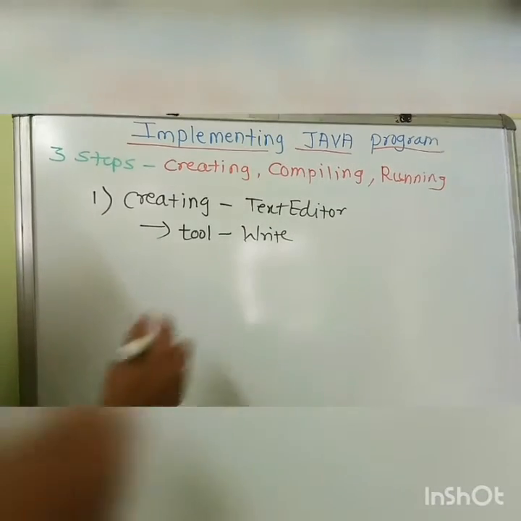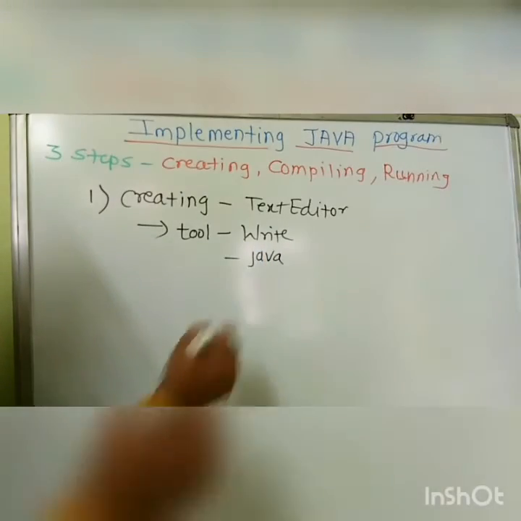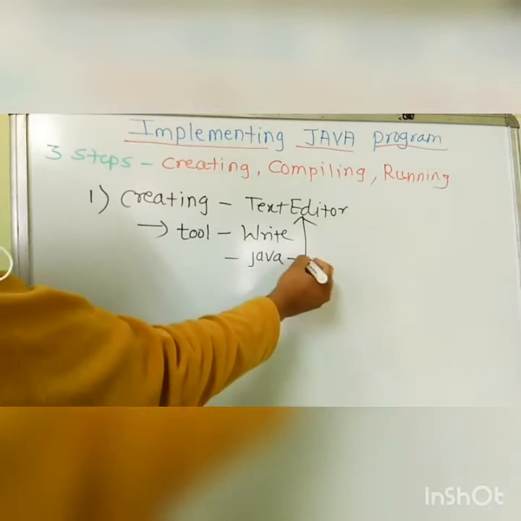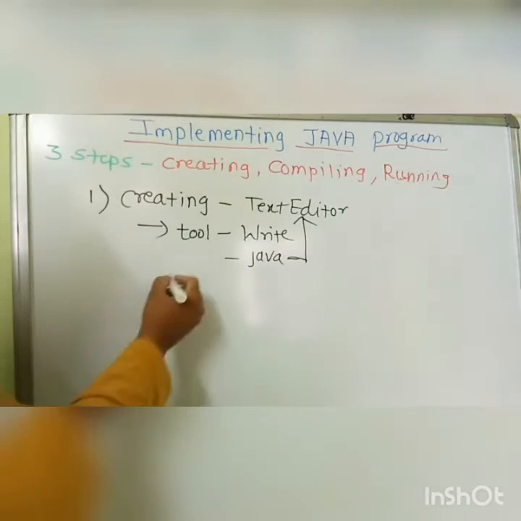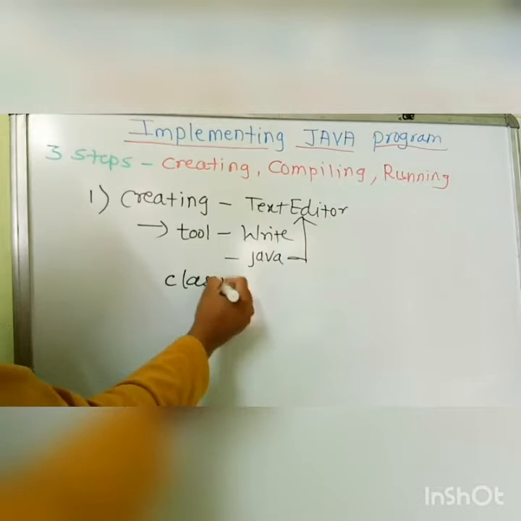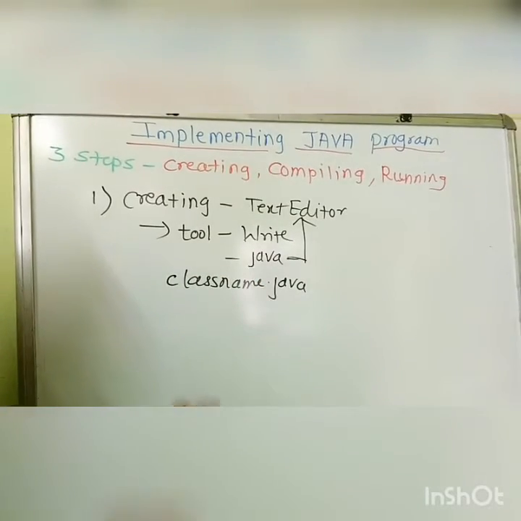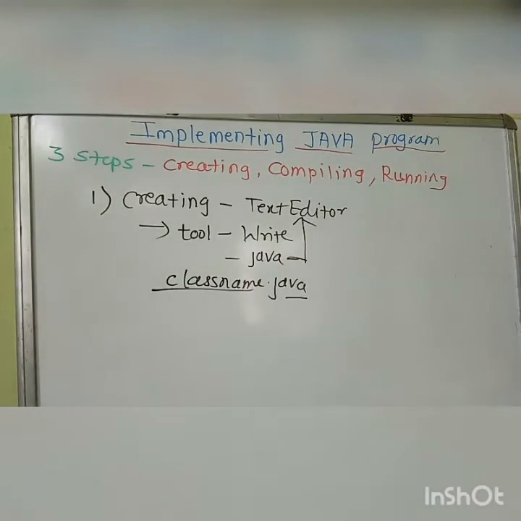The code which we use in Java to solve any problem can be put down into a text editor. After accomplishing this, we save it as class name dot java. This is the method to save any Java program.